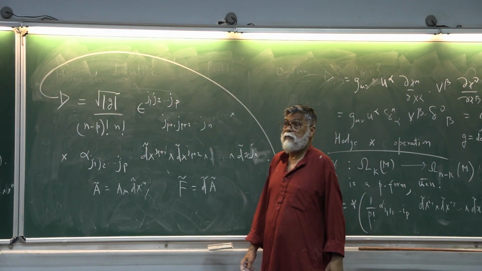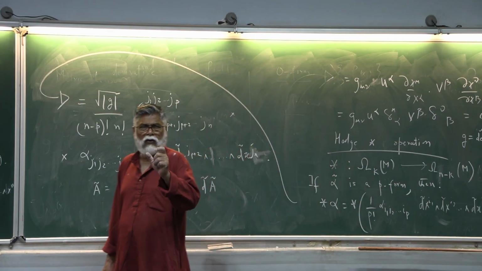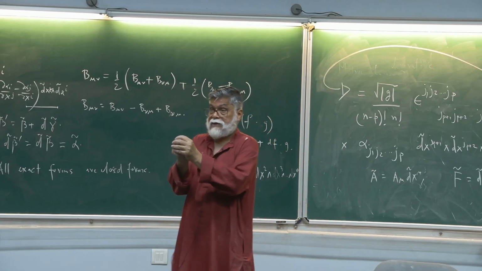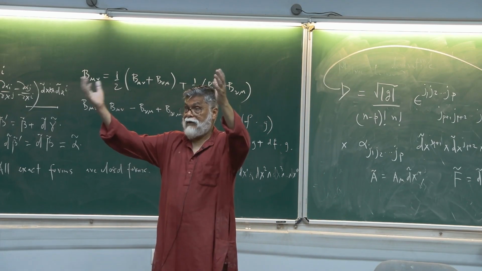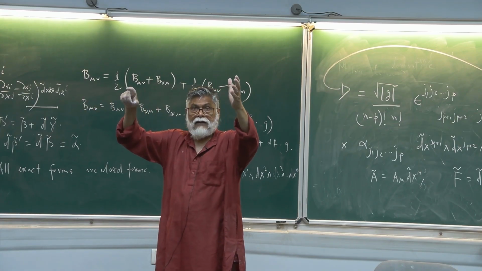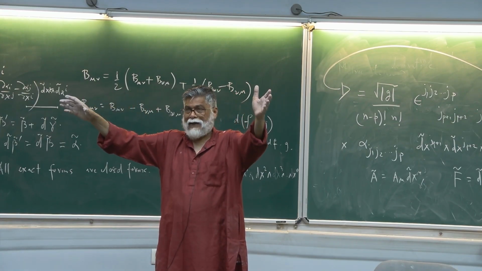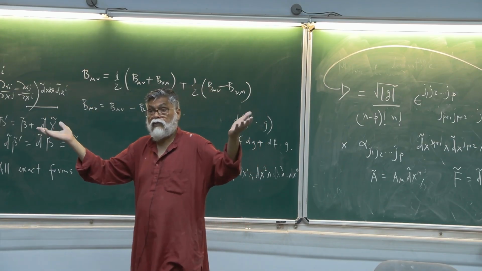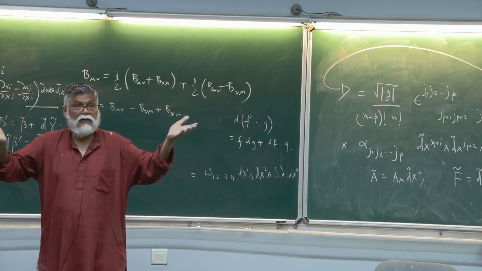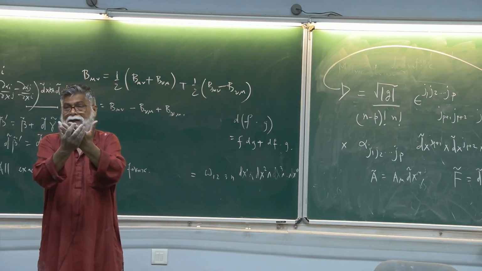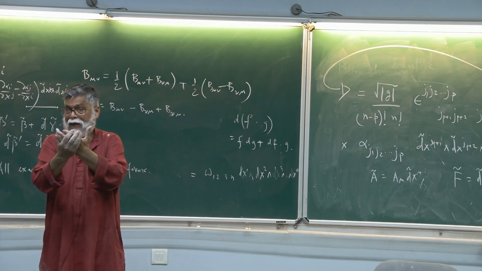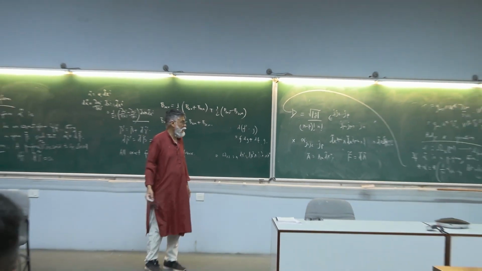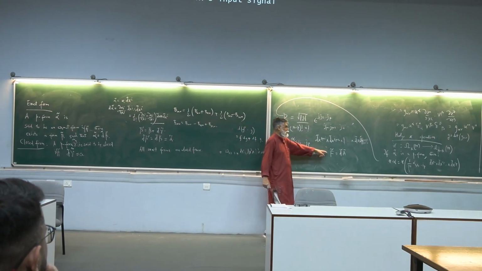But supposing you have a magnetic monopole. Was magnetic monopole discussed in the tutorial? If you have magnetic charges, just like electric charges, where the divergence of the electric field is 4 pi times the electric charge density, then the divergence of the magnetic field will not be 0. It will be 4 pi times the magnetic charge density. Can you still use differential geometry? The answer is yes, but you cannot write F as dA.